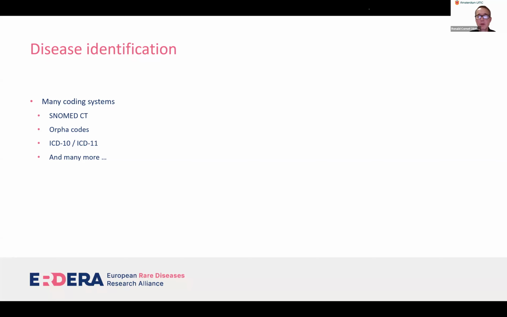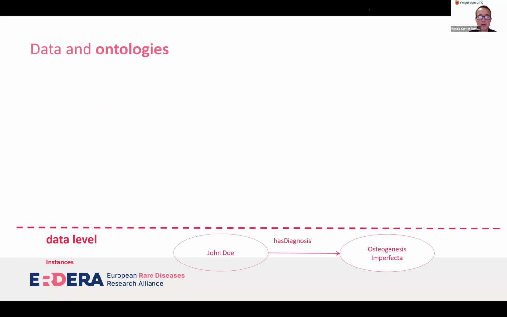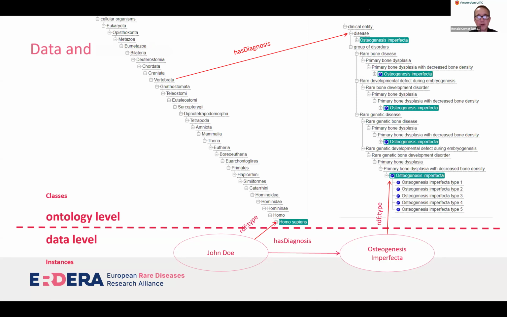So like in my previous example, selecting what coding system is the right one to use does require some training and tools. And then the important thing is that at a data level, we can simply describe the information about a person, in this case, John Doe having a diagnosis of osteogenesis imperfecta, and using these hierarchical systems, which are often also called ontologies, basically a special kind of coding system, then we get a lot of information for free.